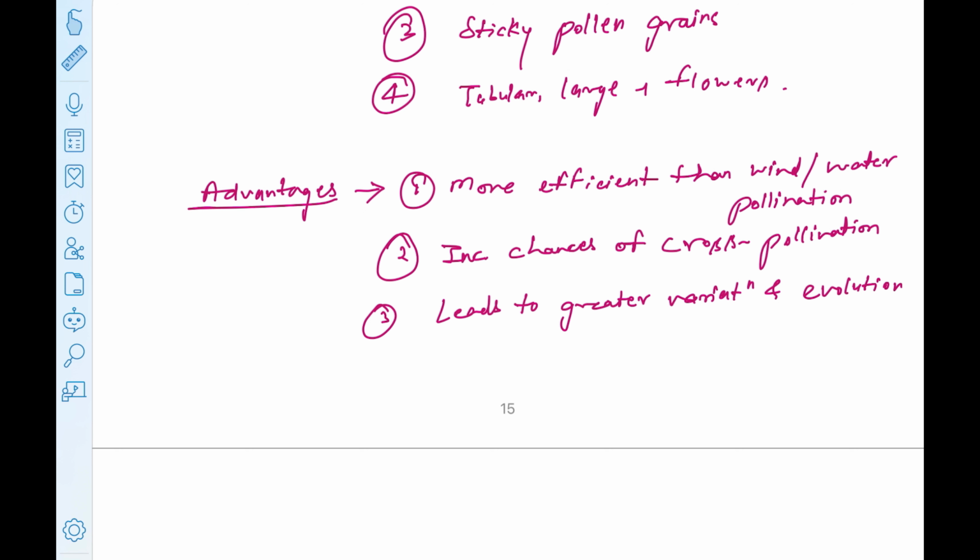Like plants need to produce nectar, fragrance, and colors. Zoophily means pollination by animals. Most common agents are insects, birds, and bats. And flowers are adapted with bright colors, scent, nectar, sticky pollen that leads to efficient and targeted pollination.